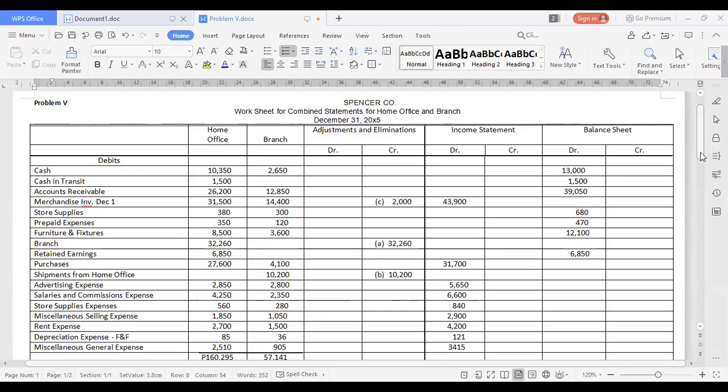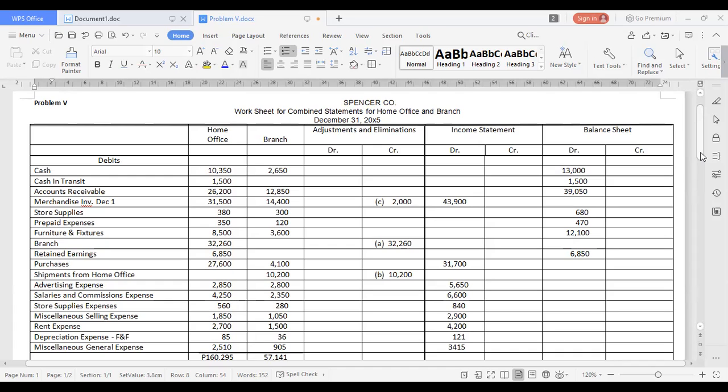Okay, now some of these figures are already after adjustments, since we prepared the adjustments in our adjustments and elimination entries.